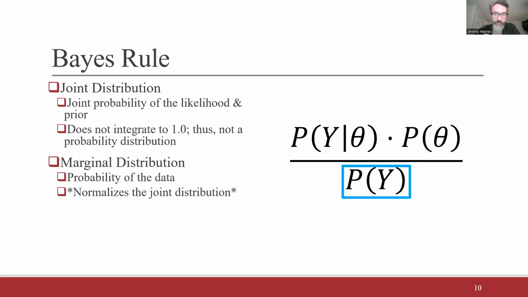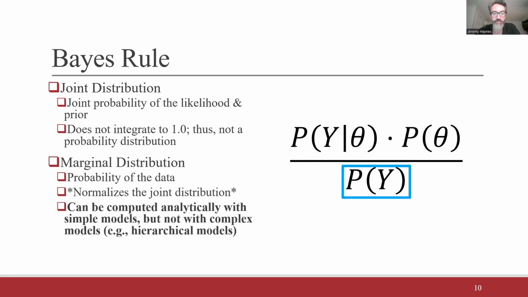Now, this is where we run into issues with Bayesian modeling. So the denominator, that marginal distribution, it can be computed analytically for some simple models, but once we get to more complex models, it becomes really intractable to calculate the marginal distribution.